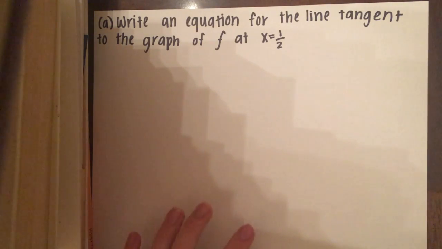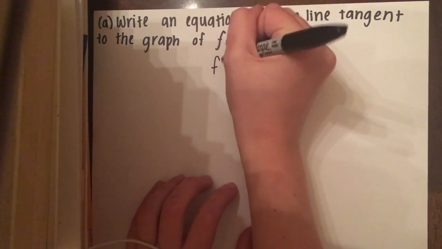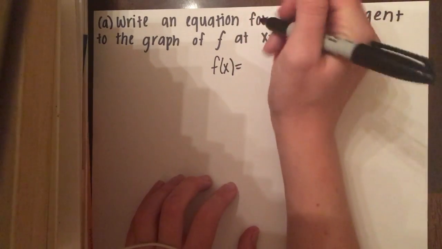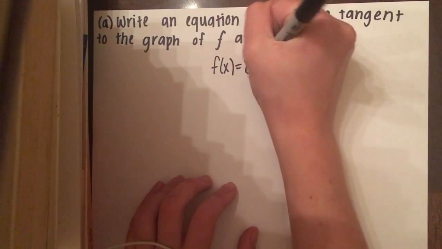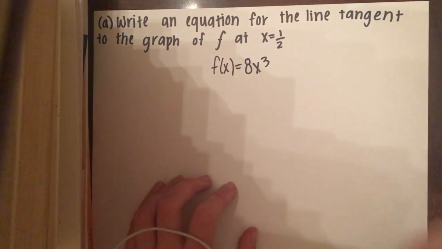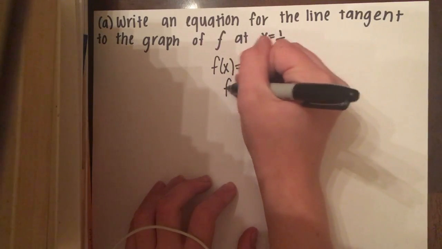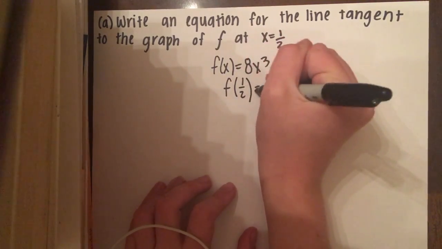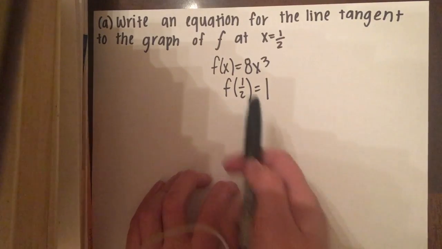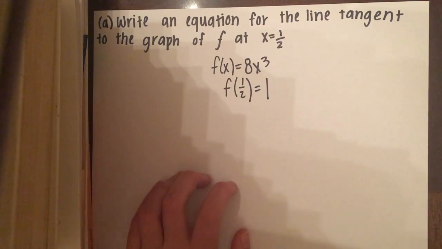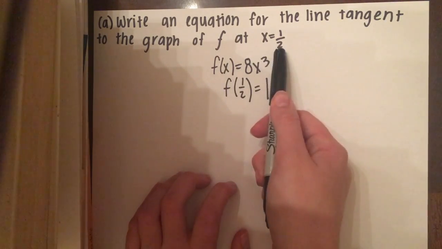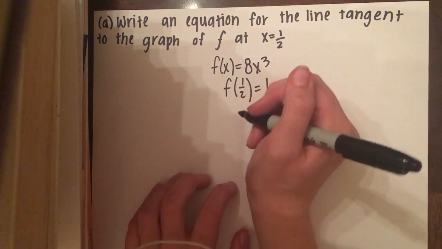So some important things that we remember that they gave us about f is that f of x equals 8x cubed, and they also gave us the point that f of 1/2 equals 1. So in order to find the equation for the line tangent to the graph, we have to find the instantaneous slope of f at this point, and in order to do that, we find the derivative.